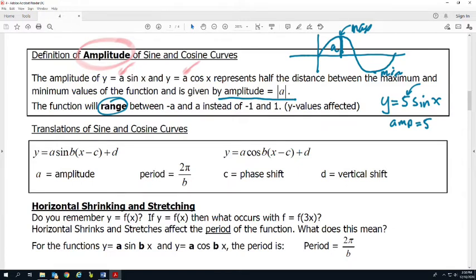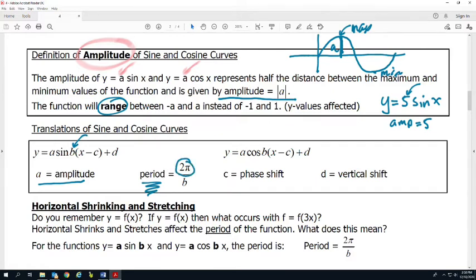Translations, remember, that's where you slide left or right or up or down of the sine and cosine graph. You've learned all of these before when we did Algebra 2, and we've done some in pre-cal as well. The A represents our amplitude. This B value right here is going to affect our period. And how we get our period is we do 2 pi divided by that B value. 2 pi is our original period.